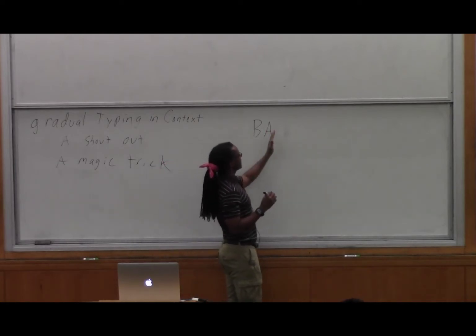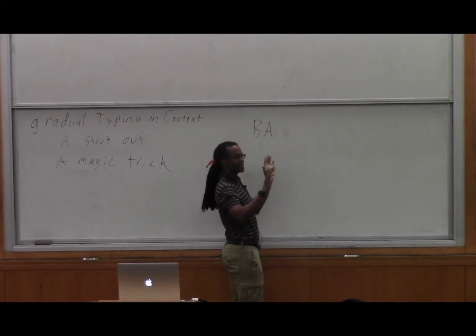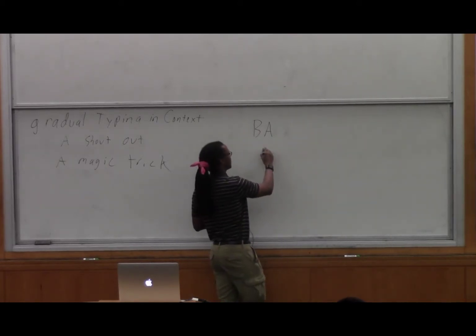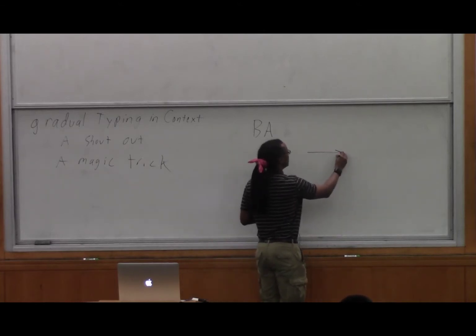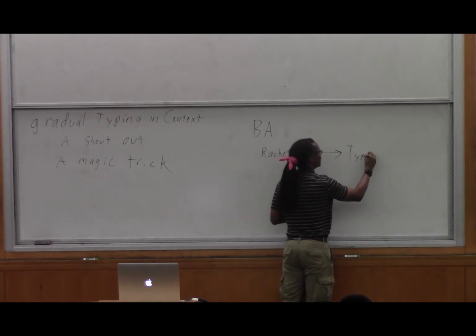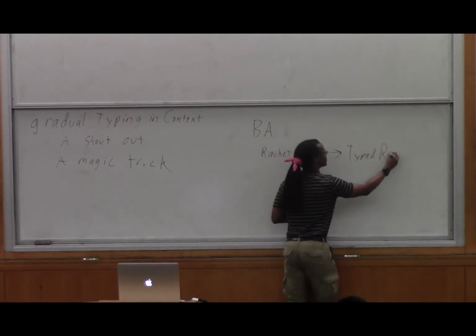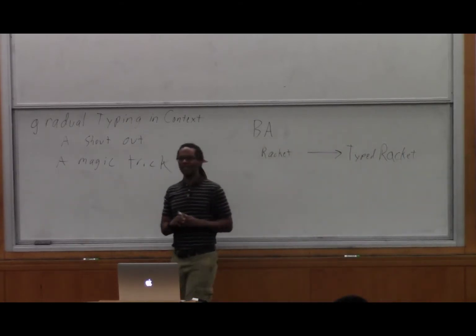So there's this thing that if you create another language going this way, which in the specific case I'm talking about is going from the idea of there being a language called Racket, which already existed, to typed Racket, which is sort of the reverse of what I did over here.